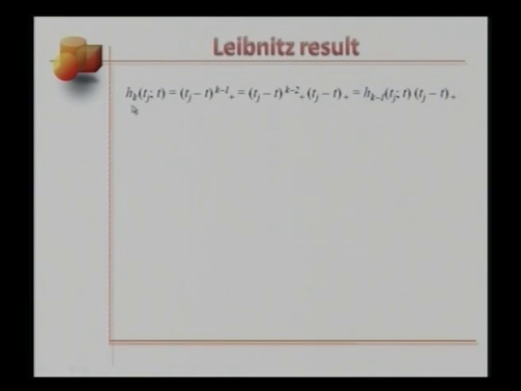Okay, so h_k(t_j : t) is equal to h_{k-1}(t_j : t) times (t_j minus t) truncated. Let's try to apply the Leibniz result. Remember what I said about B-spline basis functions in terms of the divided differences. A B-spline basis function would be the kth divided difference of this truncated function of degree k minus 1.